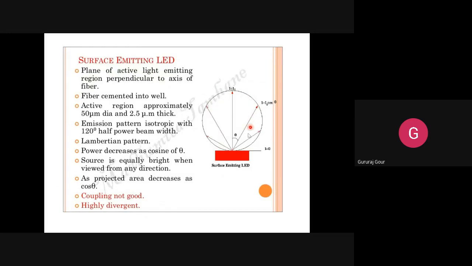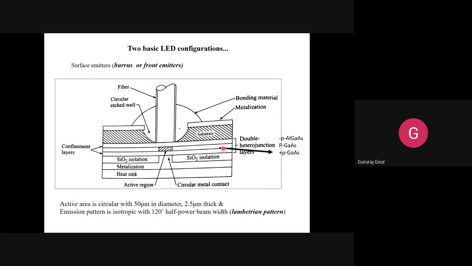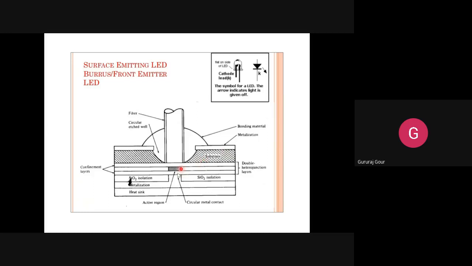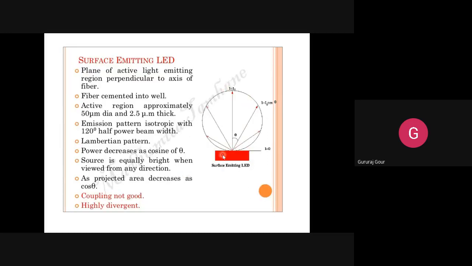So whatever light you are getting from this active layer has a pattern that is isotropic in nature. Isotropic means whatever light rays you are getting are equally emitted in all the directions, with the maximum power in the middle and the power reduced to half at these points.